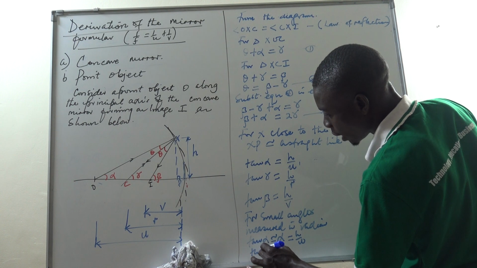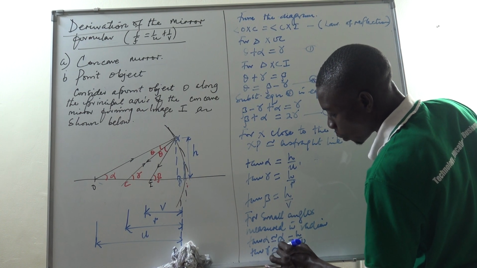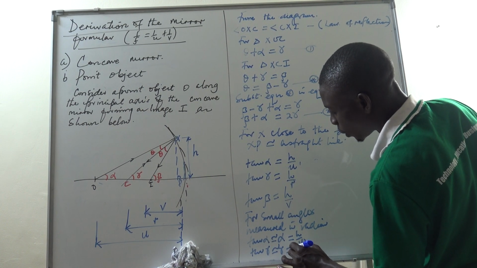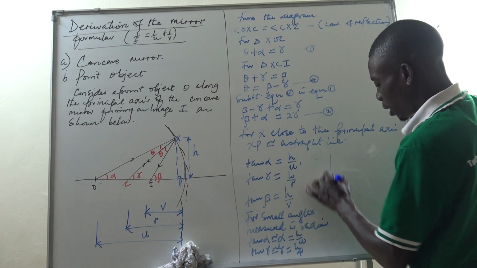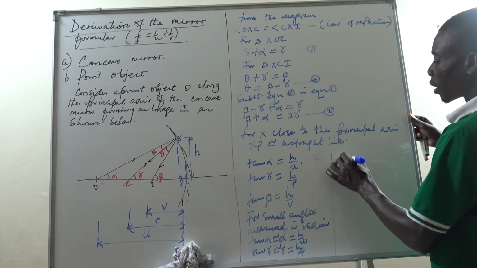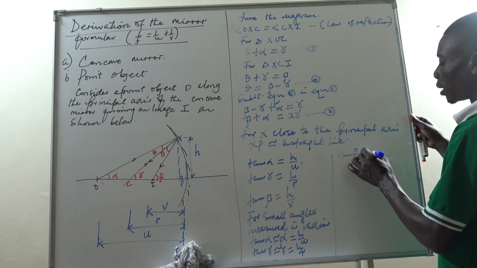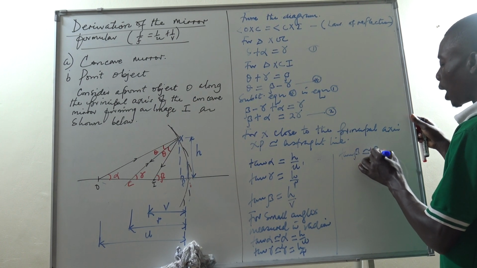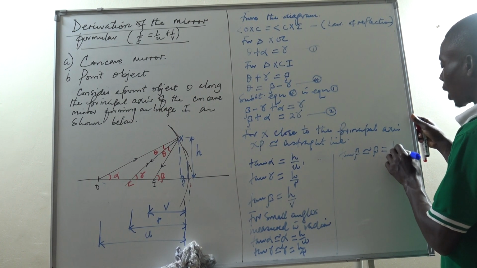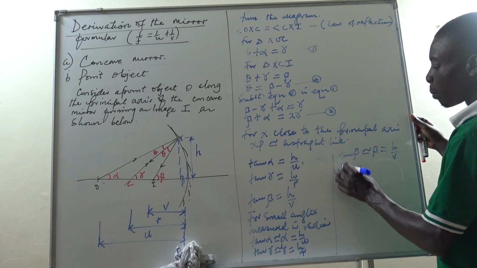Tan gamma will approximate to gamma, equal to h out of r. And tan beta will approximate to beta, equivalent to h out of v.